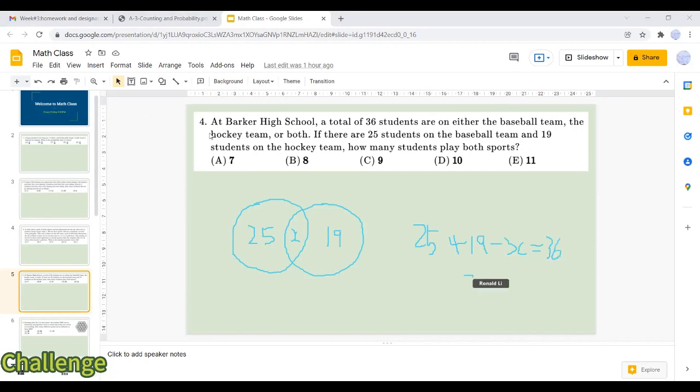So negative x, and then you just solve the equation. Negative x is equal to, subtract 25 from both sides, so you get 11, and then you subtract 19 from both sides, so you get negative 8.